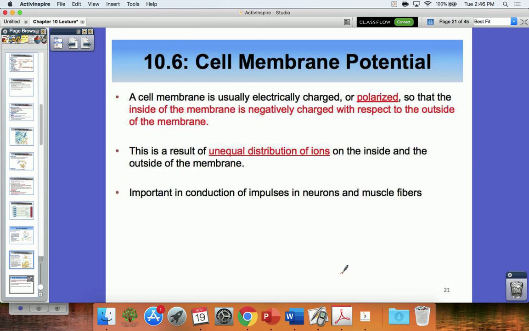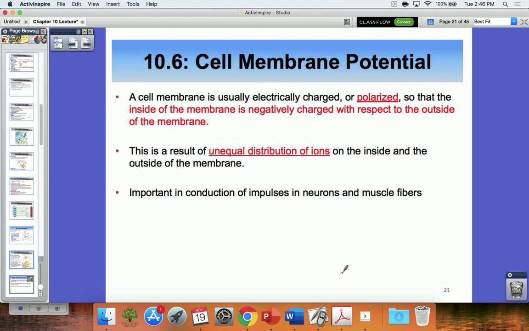So now we're going to talk about how nerve impulses are actually sent and what happens as nerve impulses are sent. So, the cell membrane of a neuron is usually charged.